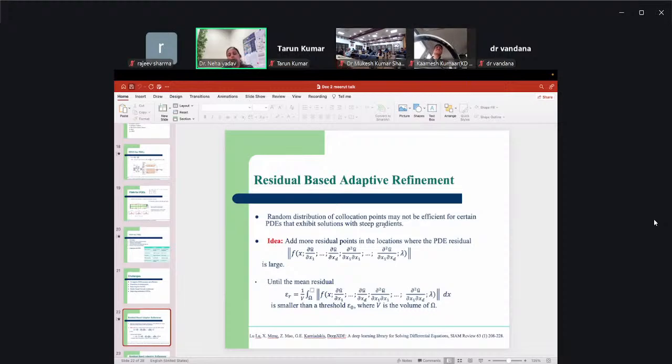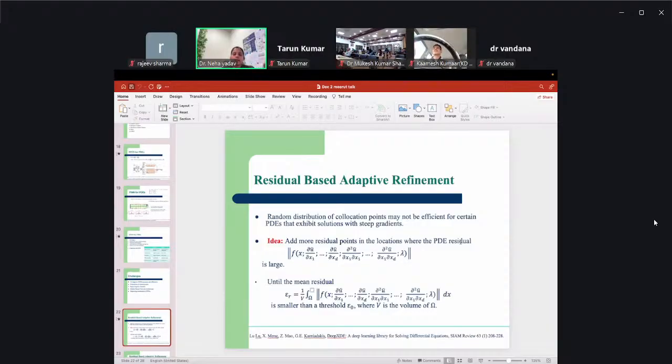Within the training process, we generate more training points where the PDE residual is higher. That's the idea: add more residual points in the locations where the PDE residual is large. And we repeat this process until the mean residual error is smaller than some threshold value we choose.